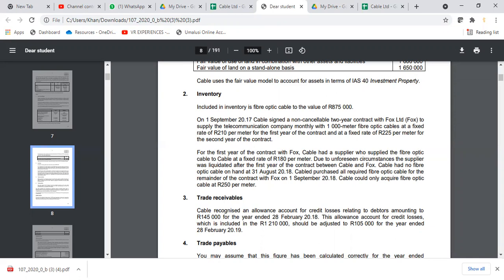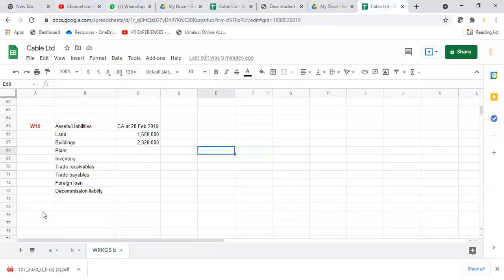So we're going to have a separate calculation for inventory. Let's have a look how we're going to calculate it. I'm going to have a separate working 11.